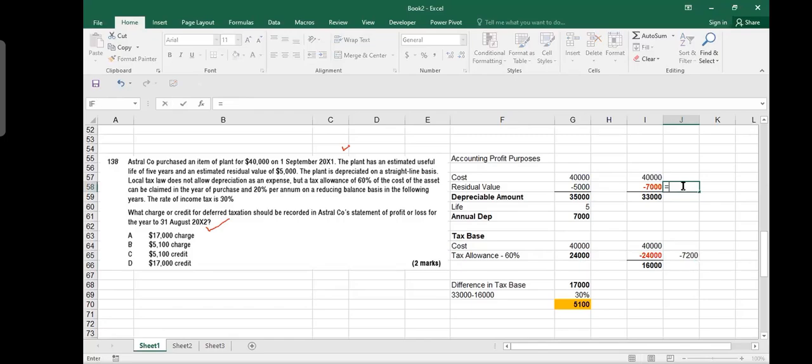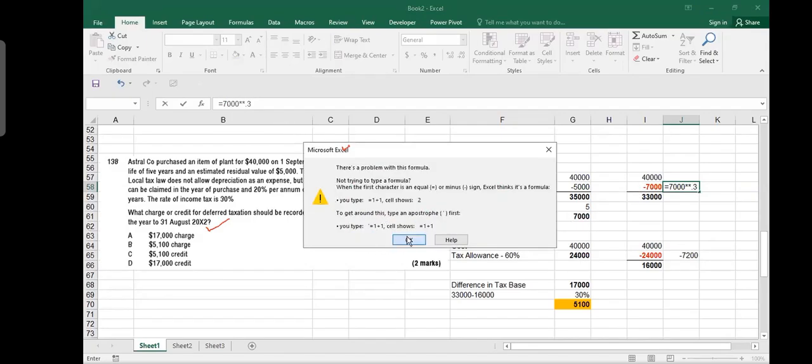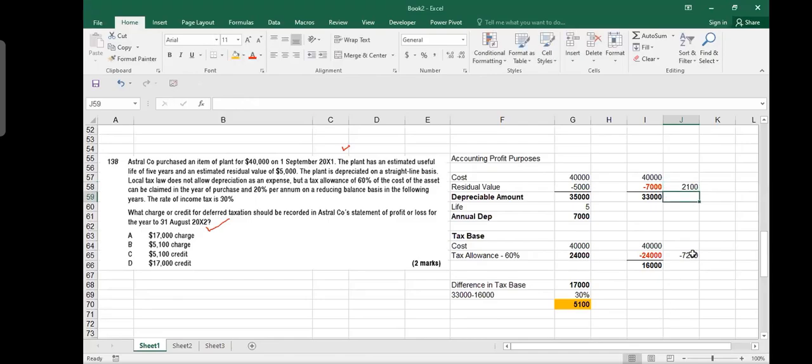Whereas if you consider 7,000 into 0.3, you should be getting a benefit of 2,100. So 2,100 tax benefit you should be receiving, but the tax department allows you to receive a benefit of 7,200. The difference of these two numbers, 7,200 minus 2,100, again is 5,100.